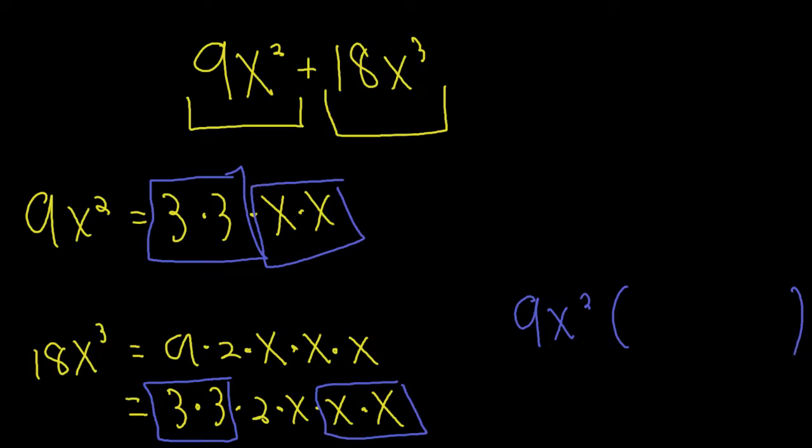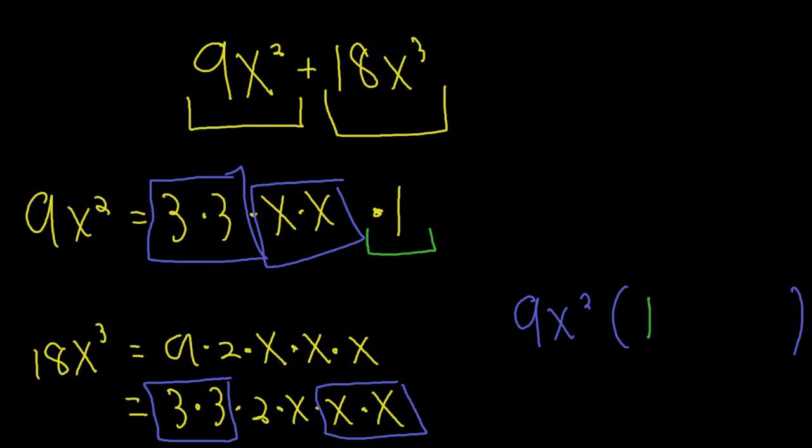But my full answer needs something inside the parentheses. What will be inside the parentheses is what is left over. And you might be saying, well, there's nothing left over with 9x squared, but I could just say, oh, times 1. It'll give me the same number back, but this allows me to see that I have a 1 left over. So I'm going to write 1.